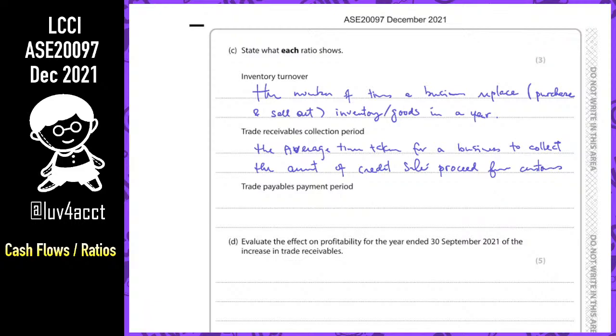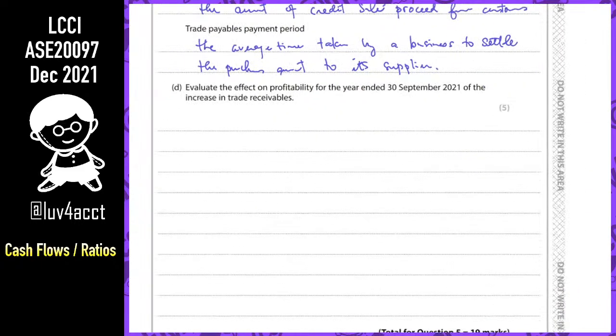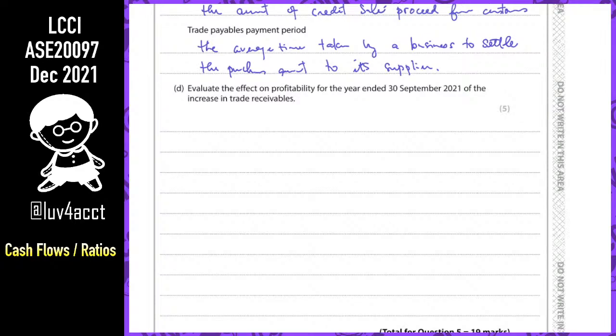Trade payables, again, the average time taken by a business to settle the purchase amount to its supplier. Okay, you just explain. That is not difficult. You should know it, and 1 mark, it is not demanding.